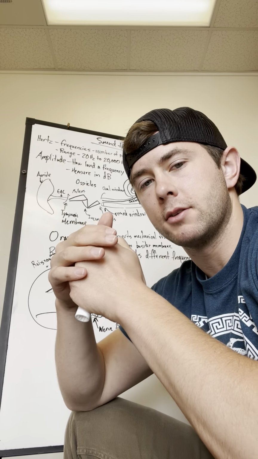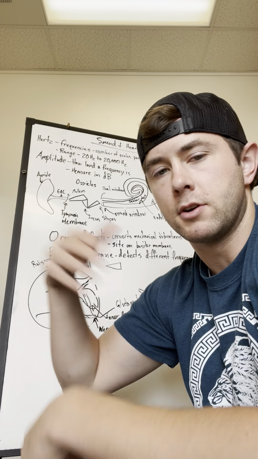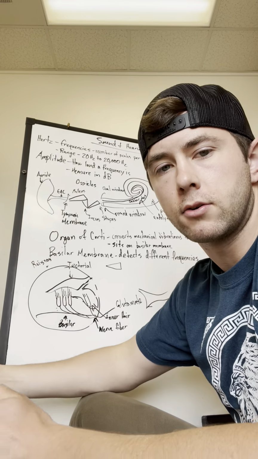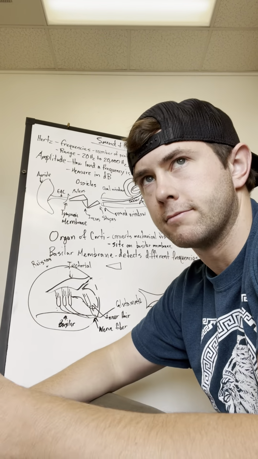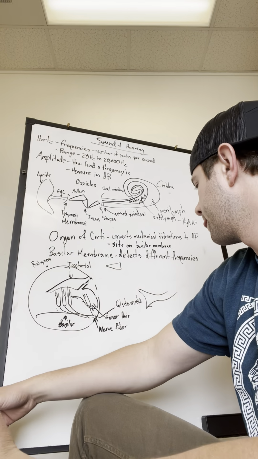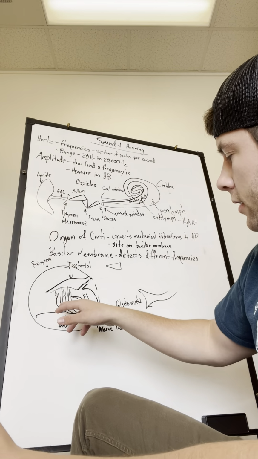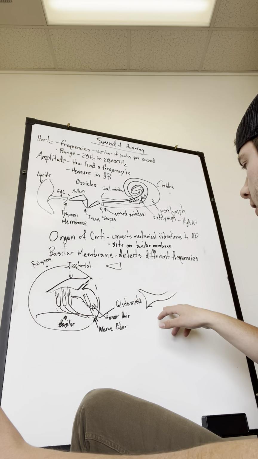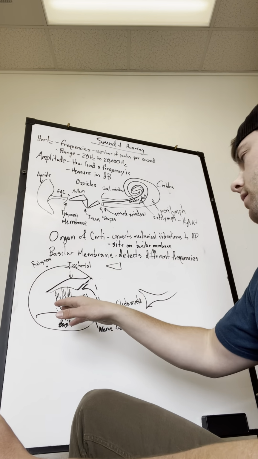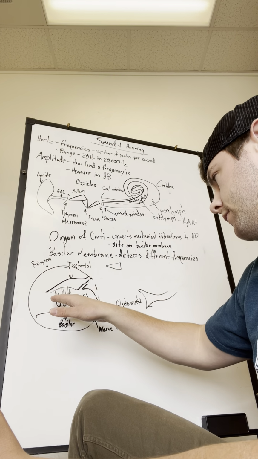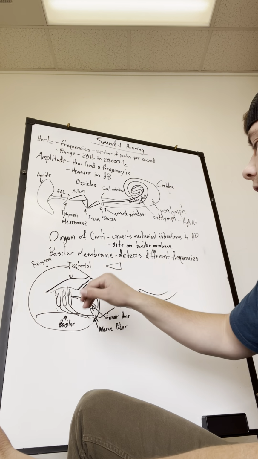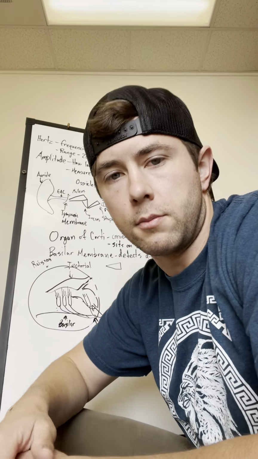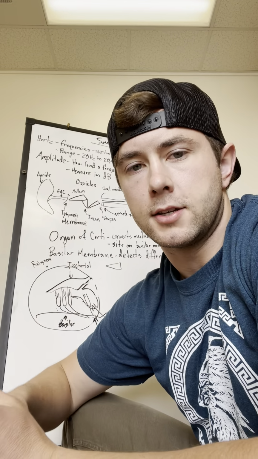You allow calcium in, that allows neurotransmitters to be released. In this case, we're releasing glutamate, which will be an excitatory postsynaptic stimulus. And so we've just released glutamate into the synaptic cleft, and that will send action potentials from your hair cells, inner and outer, all the way to the brain. And that's how we detect sound.